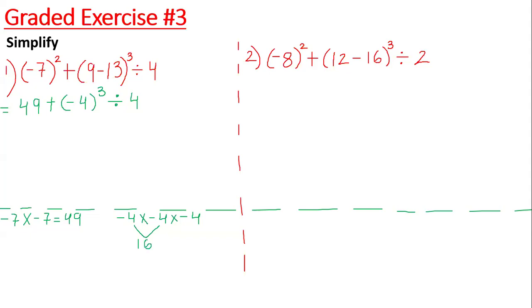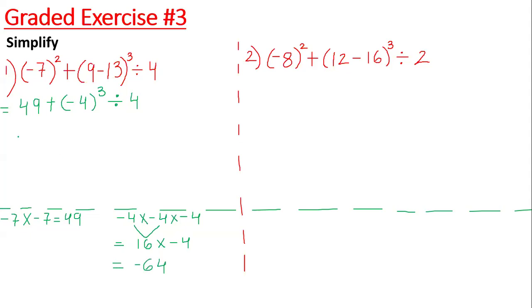Positive 16, multiplied by what? Negative 4. Good. Equals 16 times negative 4, which is what? Negative 64. Very good.